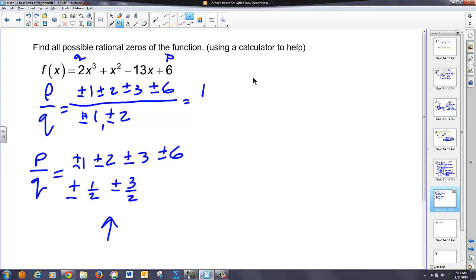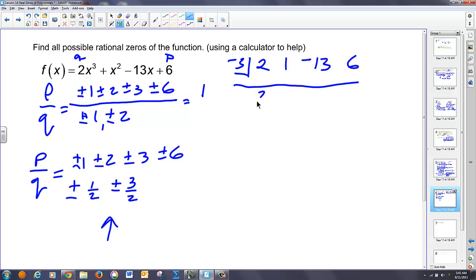So I'm going to prove, first of all, that -3 was a root, and pop that in, do a little synthetic division. So I have 2, 1, -13, and 6. I get 2, -6, -5, 15, 2, -6, and 0.